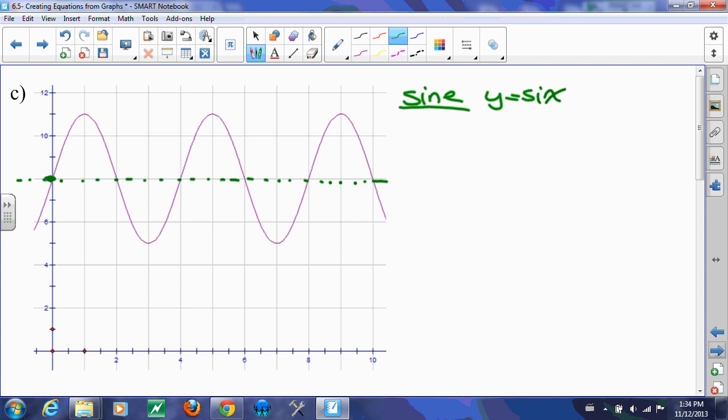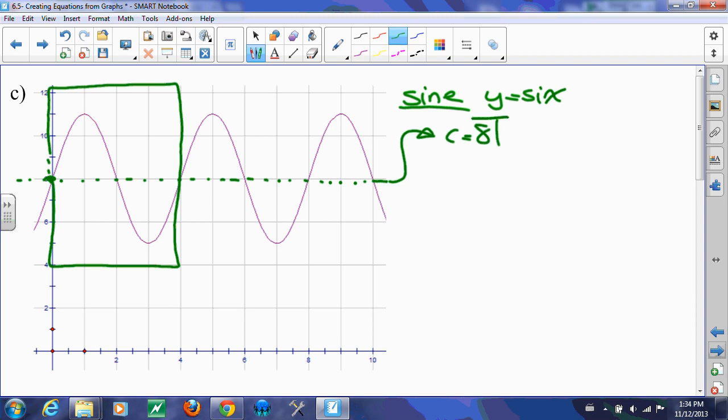I will also, at this point, draw in my box. The time it takes to complete one cycle. And we've got a lot of information there. So first of all, what do we know about that? That tells us that C equals 8.